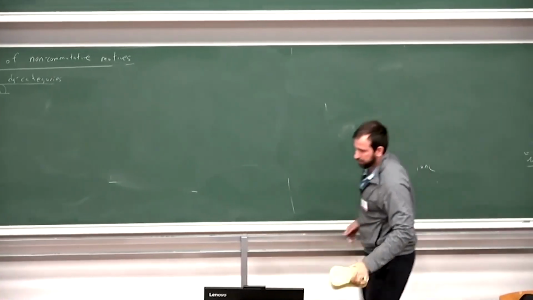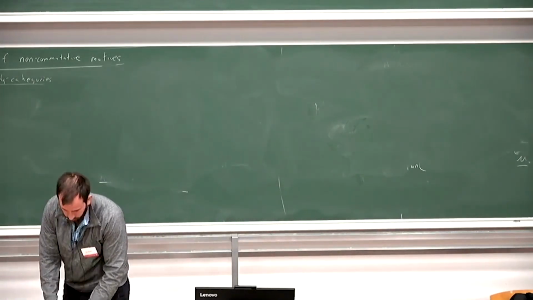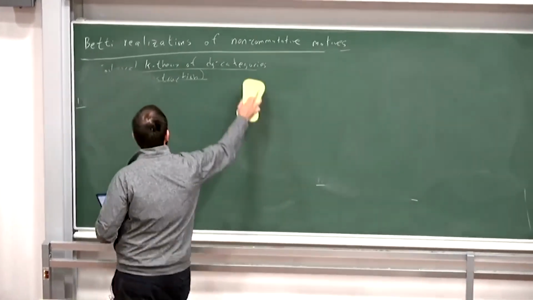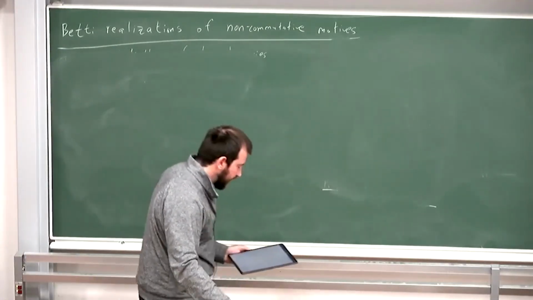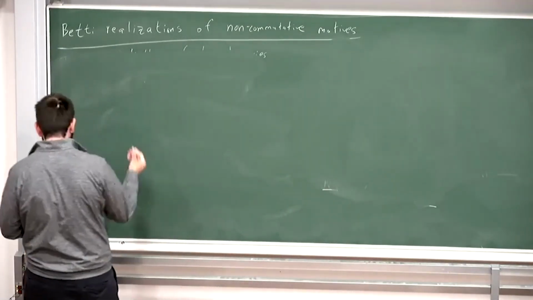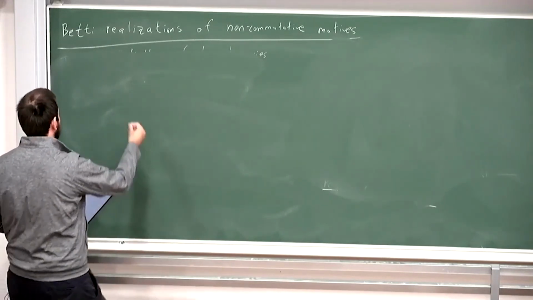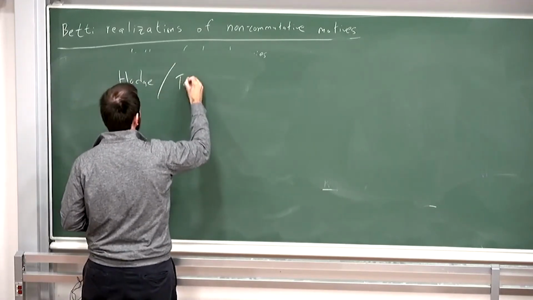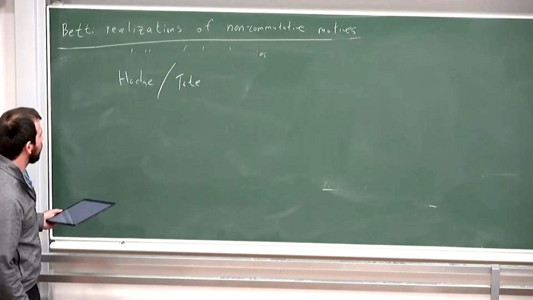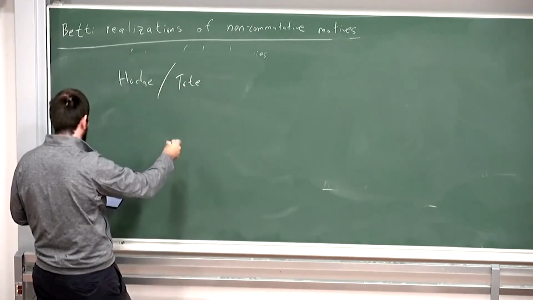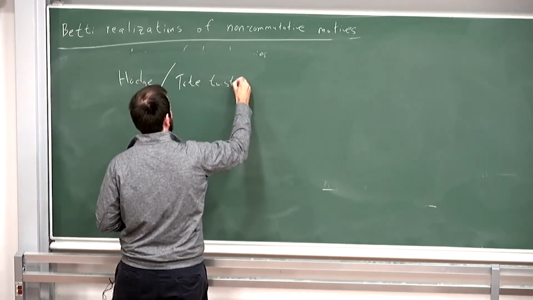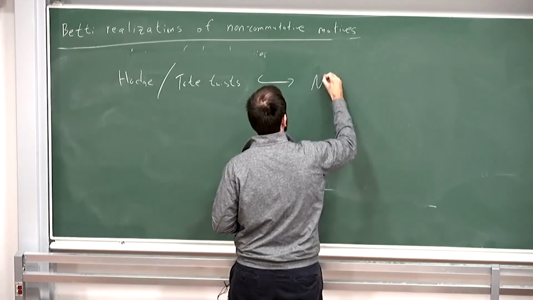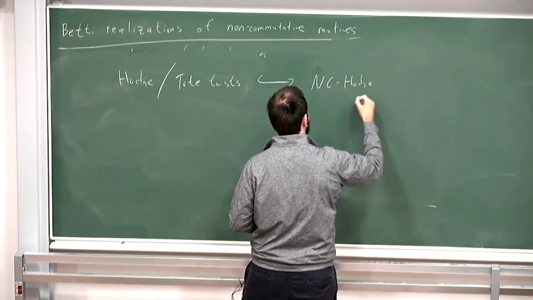So there's this non-commutative generalization which was proposed. I won't define it since it would get us far afield. But what I will say is you can view it as a generalization in the following sense. If you have classical Hodge structures, which form an abelian category, and you mod out by Tate twists, then this embeds into this non-commutative Hodge structure.